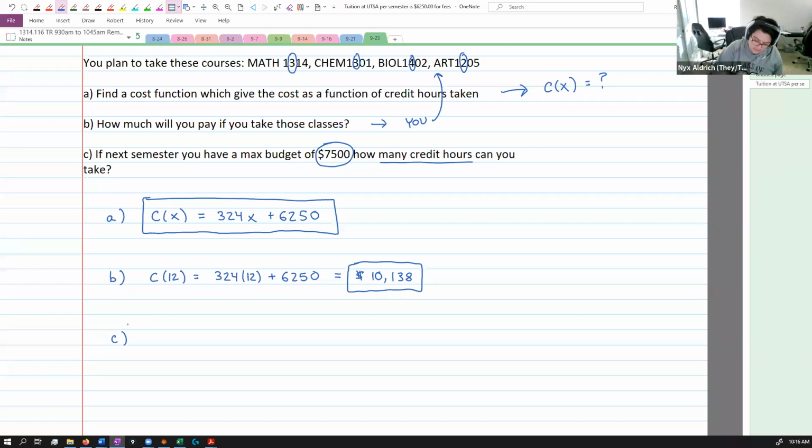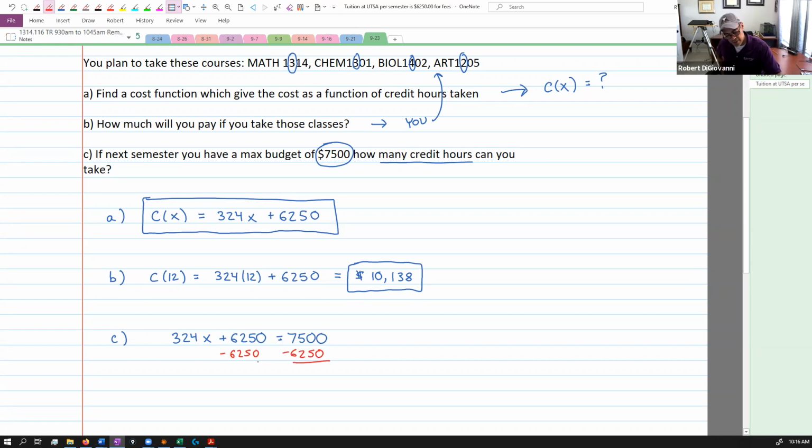I set up the equation equal to 7,500. Then I subtracted 6,250 from both sides, then divided by 324. Good. So when you subtract 6,250, you get what? 1,250.